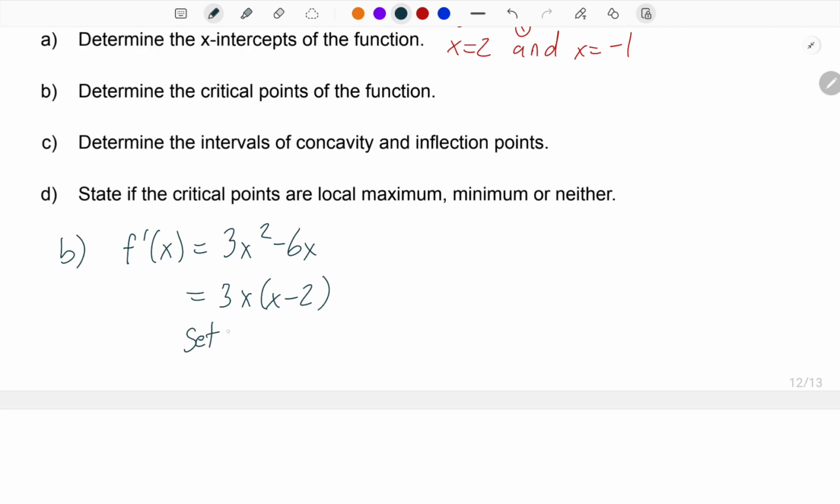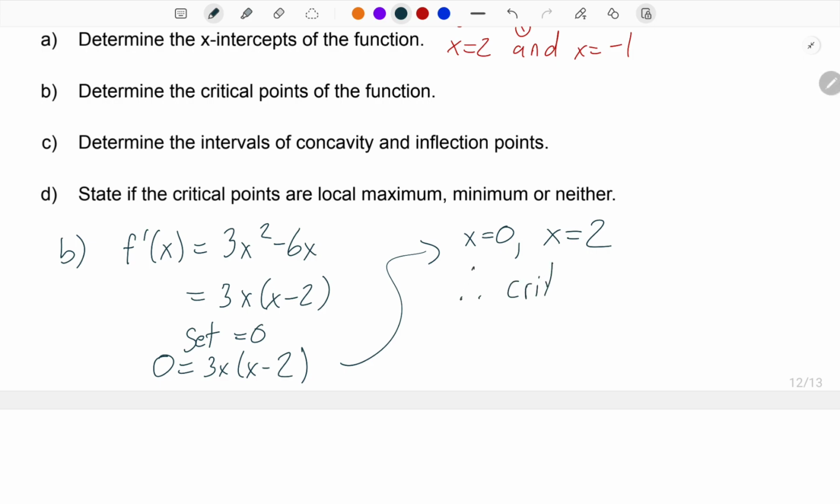Set it equal to 0, and our zeros are going to be x equal to 0 and x equal to 2. Those are the critical points. There's nowhere it's undefined. So the critical points are x equal to 0 and x equal to 2.